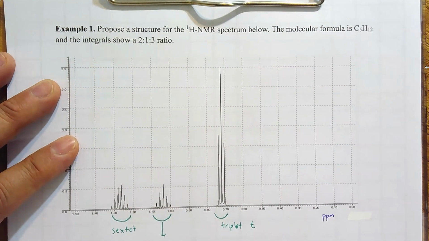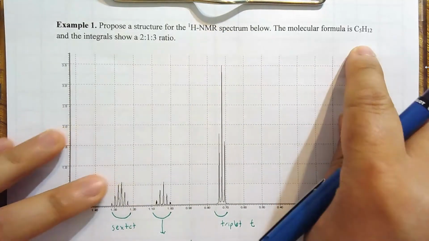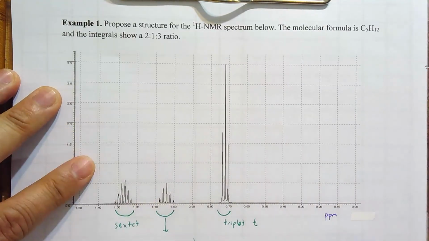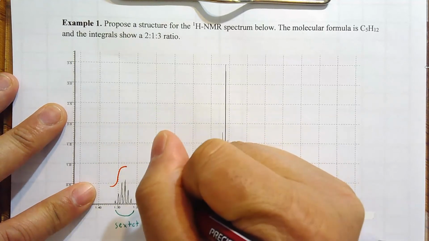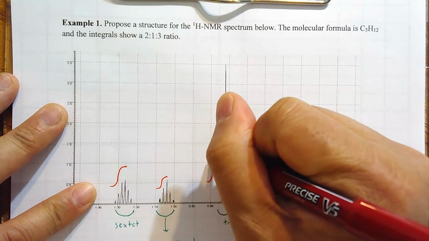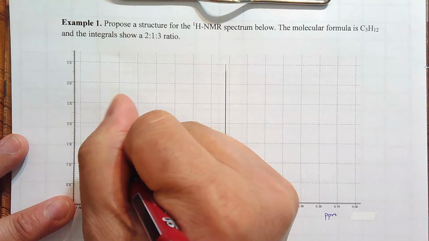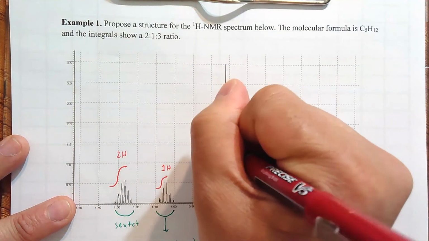Propose a structure for the proton NMR spectrum below. The molecular formula is C5H12. Fantastic. Oh, good. They gave us our integrals. Let me just draw something representative. They're telling us that this represents 2H, this represents 1H, and this represents 3H?